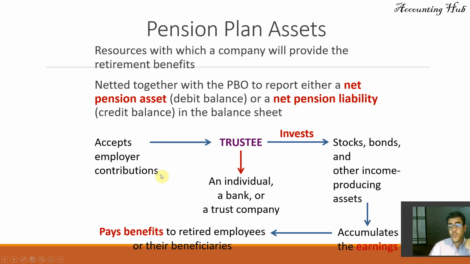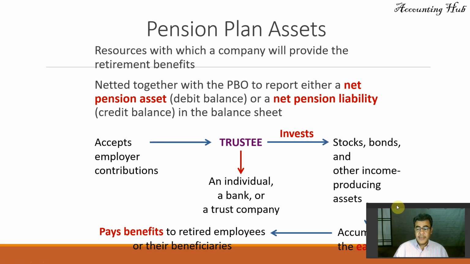So what do we do as a company? We recognize the earnings and recognize the paid benefits. However, we don't pay it. So we don't have a cash journal entry on plan assets.